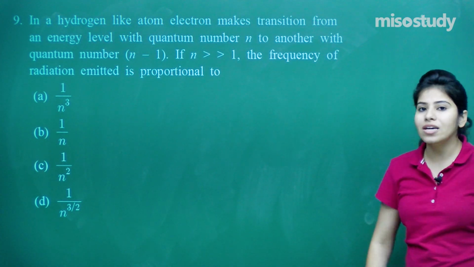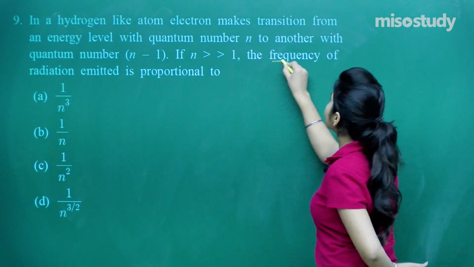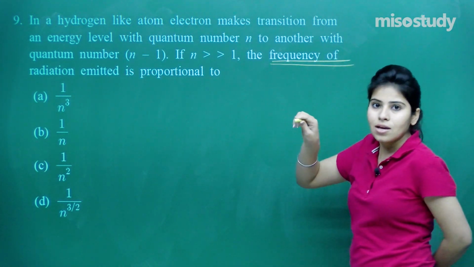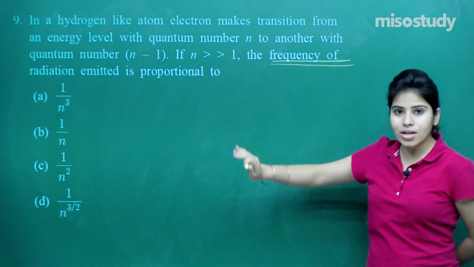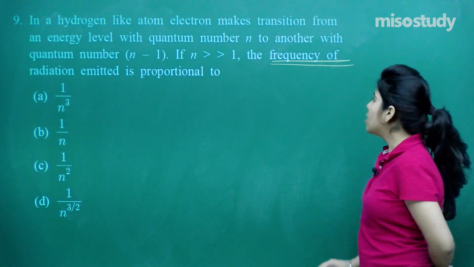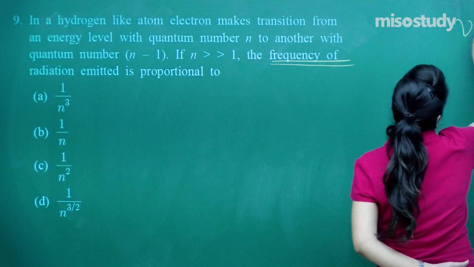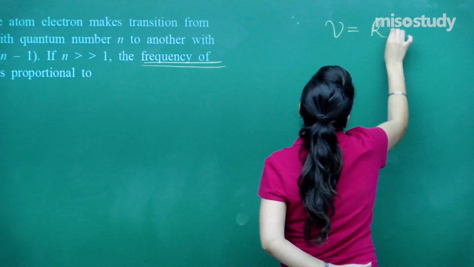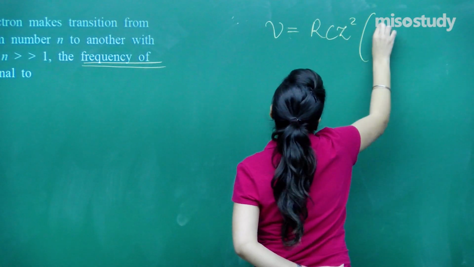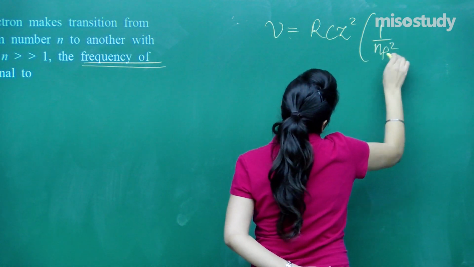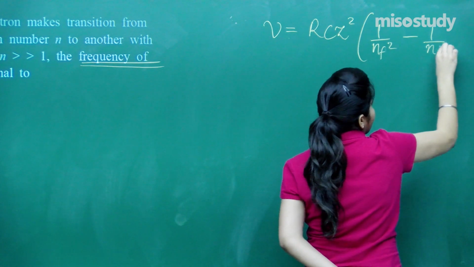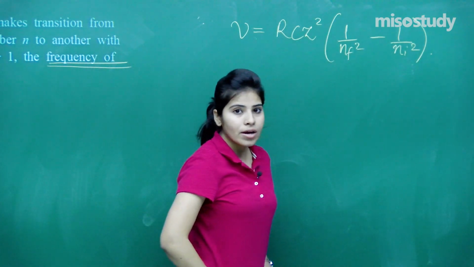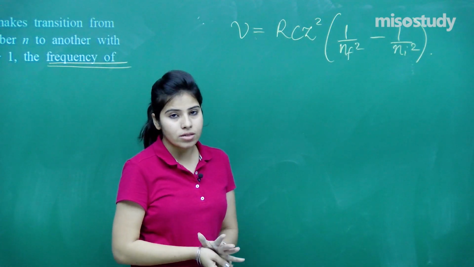So directly, we have to apply the formula of frequency, because we have to tell the relation between frequency and the quantum number, right. So we know that the formula for frequency is RC(Z) square into (1 upon nf square, that means final energy level, minus 1 upon ni square). Okay. So this we have before us.